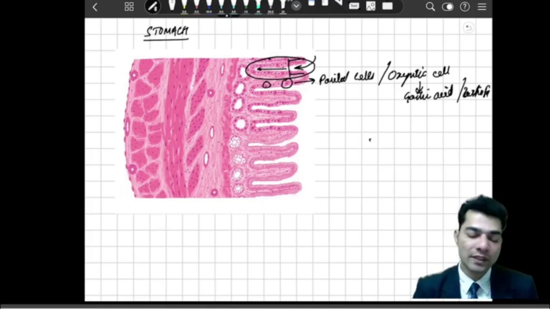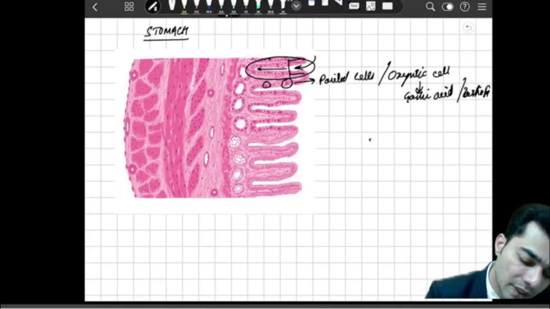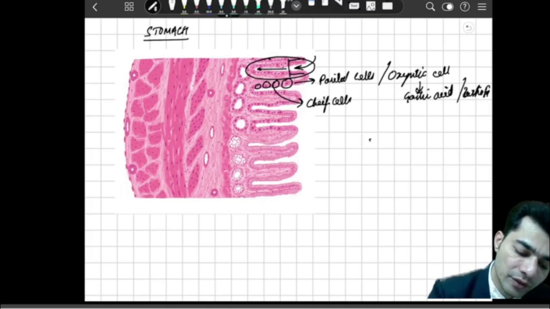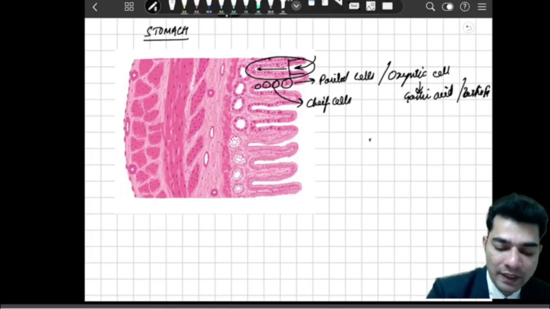Some other cells are present here. Those are the basophilic cells, known as the chief cells. They secrete pepsinogen.